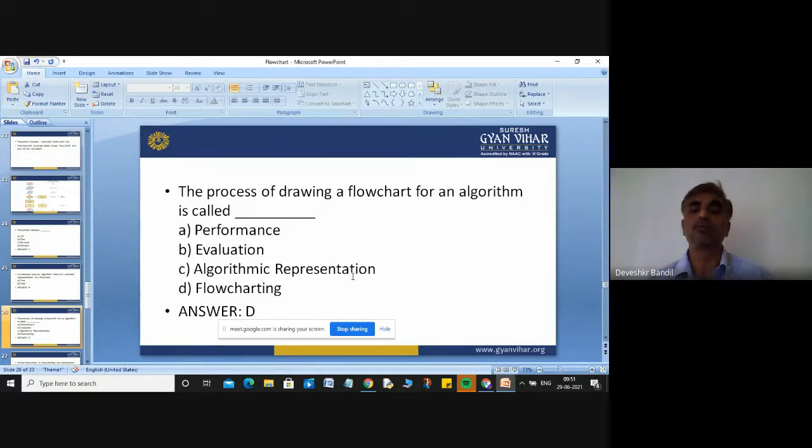That is flowcharting. After completing this lecture, students will be able to answer this question. Means your answer will be D.